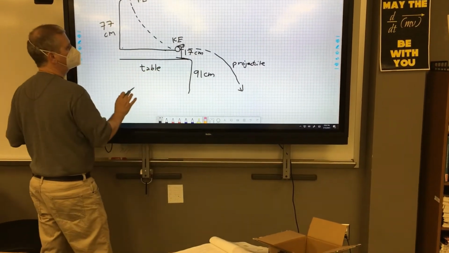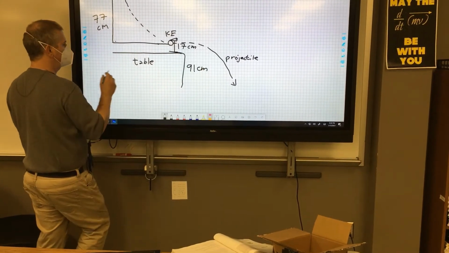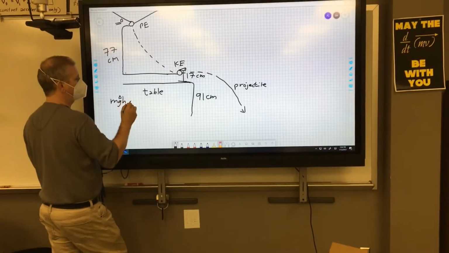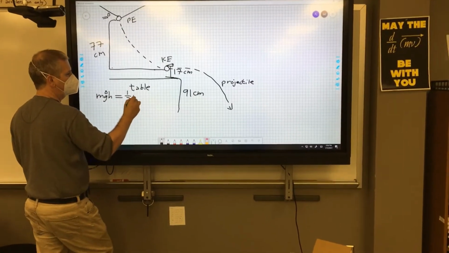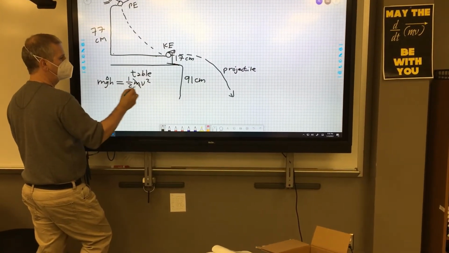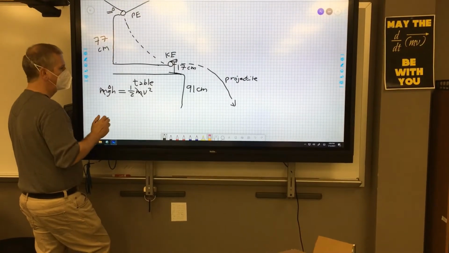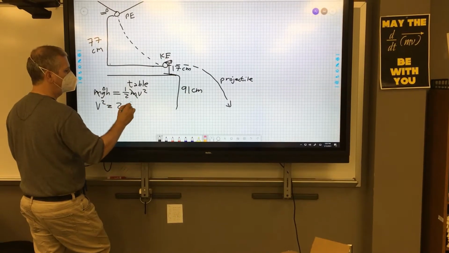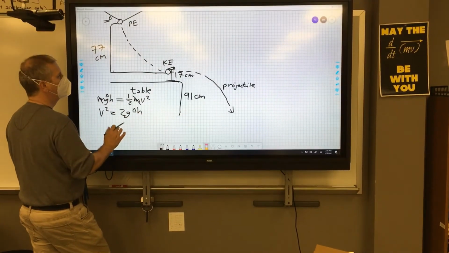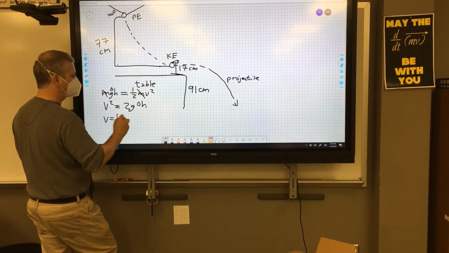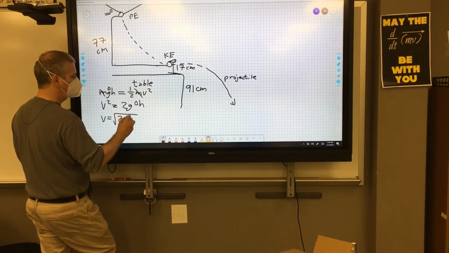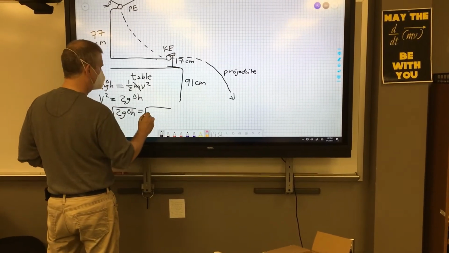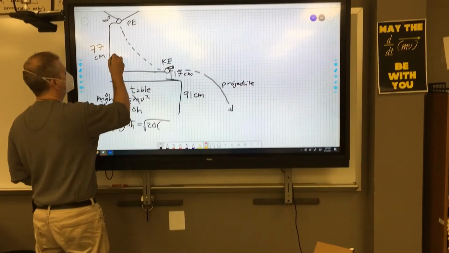Let's do our calculations. So to find the velocity here, we know that our change of potential energy is going to turn into kinetic energy. The m's are going to cancel, both sides, and so our velocity squared is going to equal 2g delta h. Our velocity then is going to equal the square root of 2g delta h, which gives us square root of 20 times our delta h.